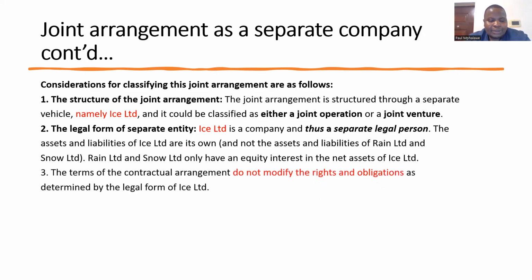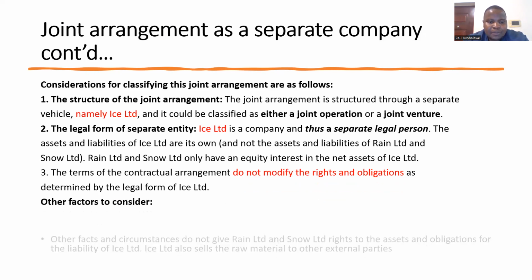Number three, the terms of the contractual arrangement do not modify the rights and obligations as determined by the legal form of ICE Limited. So there are other factors that we need to consider for us to reach a conclusion that the arrangement that was set up is a joint operation or a joint venture.